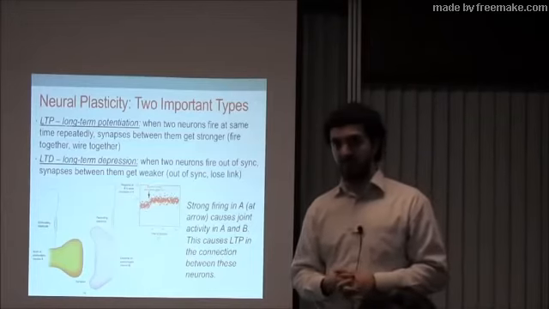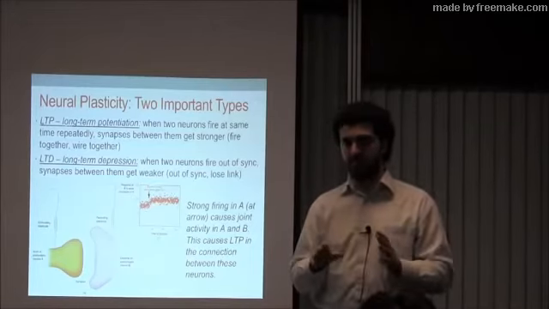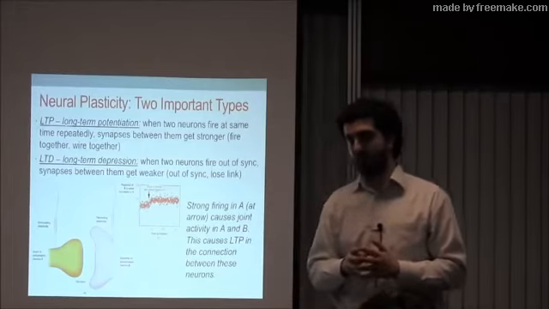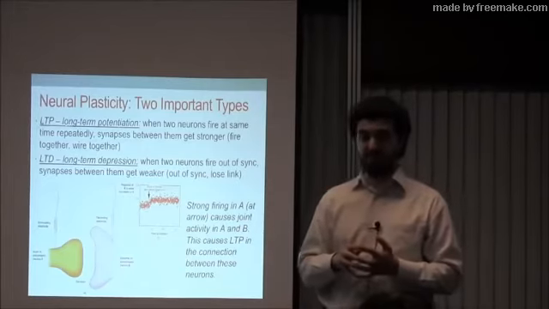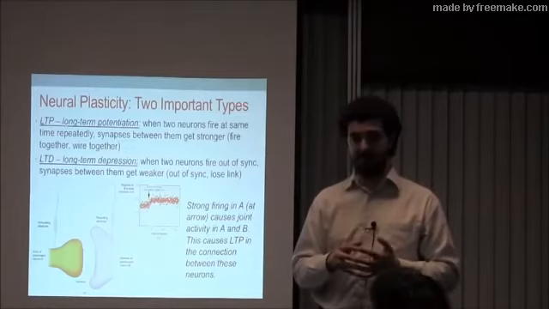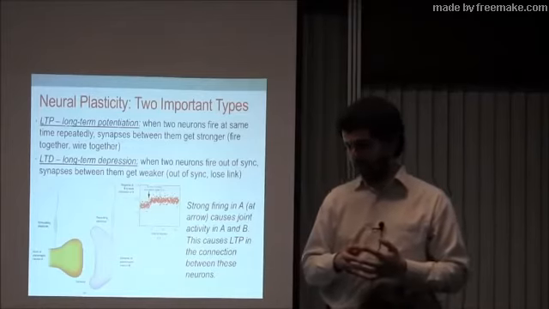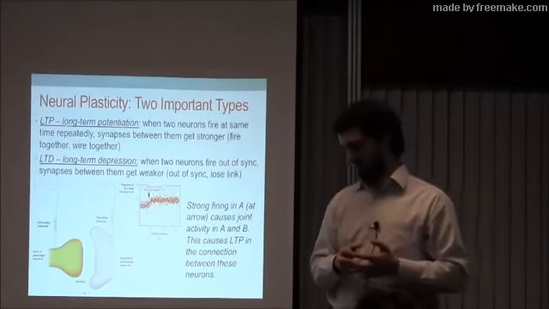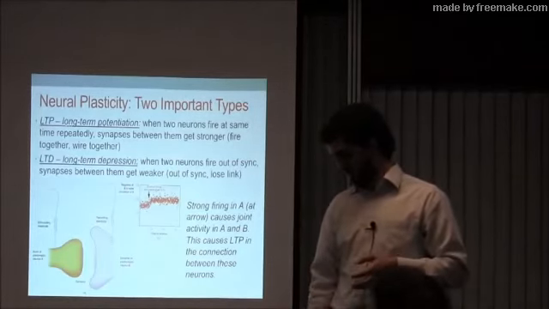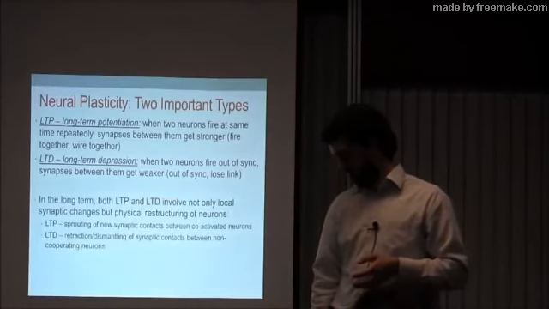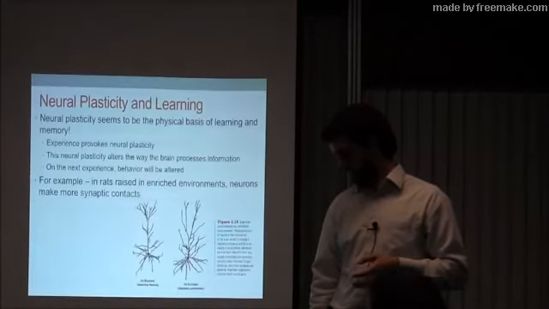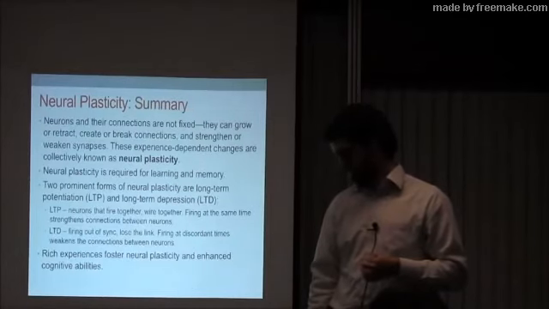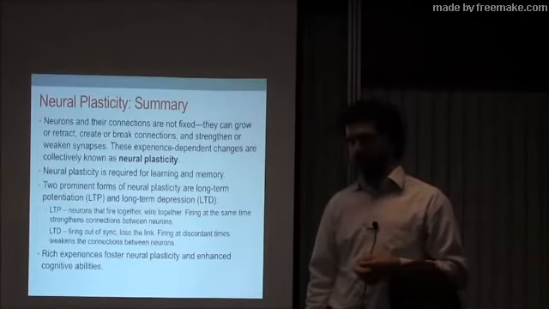Okay? This is a very short overview of neuronal plasticity, how it was developed, and what it means at the cellular level. However, it's way more complicated than this, but it's not really the context of our discussion today. This is only a general overview. So neurons and their connections are not fixed.